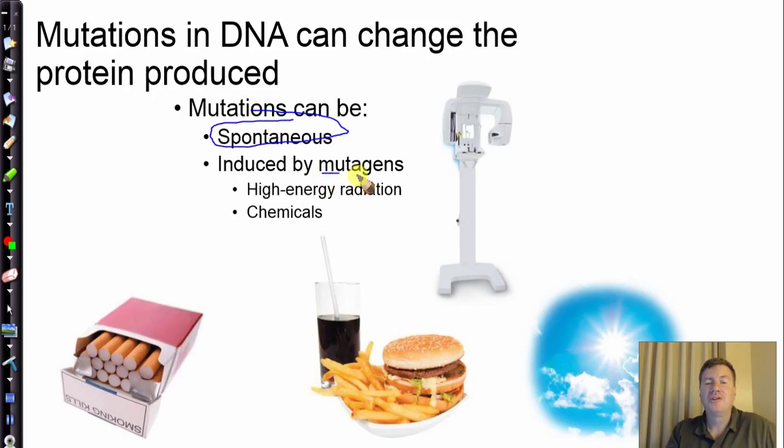But there are ones that are induced by mutagens. If we're exposed to radiation, the cancer-causing products of cigarettes, even chemicals in our foods and radiation from the sun can all cause small changes in the DNA. Does that mean you're going to get cancer if you eat a cheeseburger? Does it mean cancer if you smoke a single cigarette?